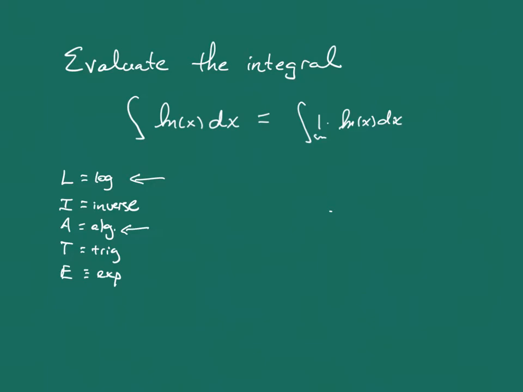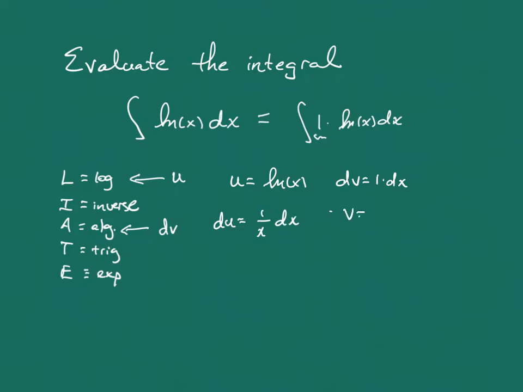And so what that tells us is that u is going to be our log function, and then dv is going to be everything else. So if we take u to be the natural log of x, dv then becomes 1 times dx, so that our du, which is just the derivative of u, so the derivative of natural log, we get a 1 over x dx.